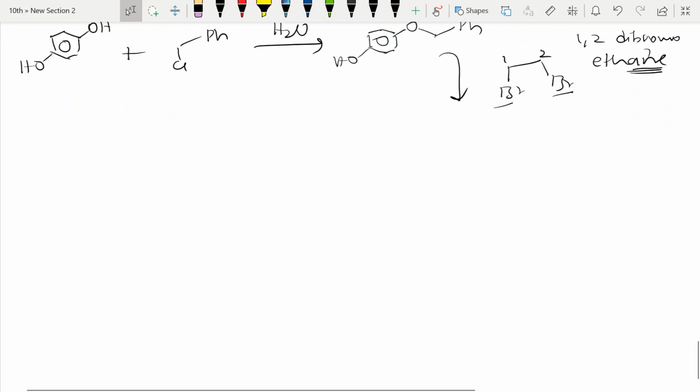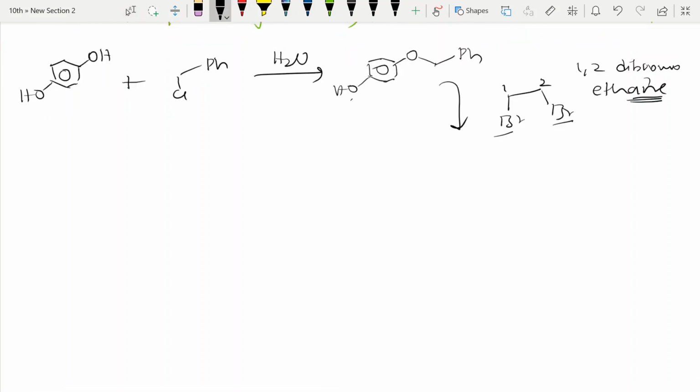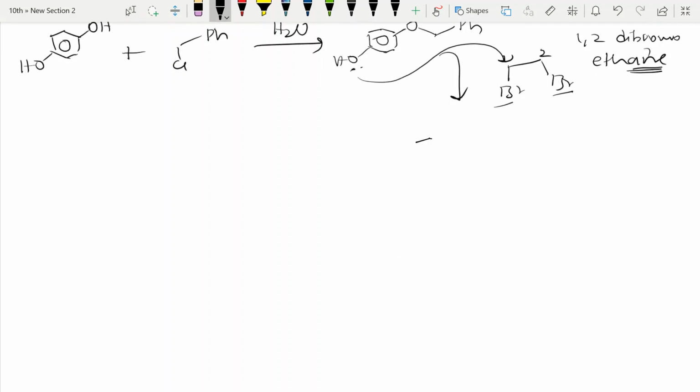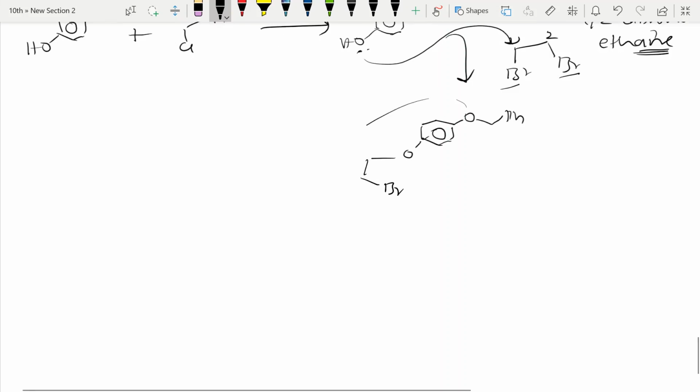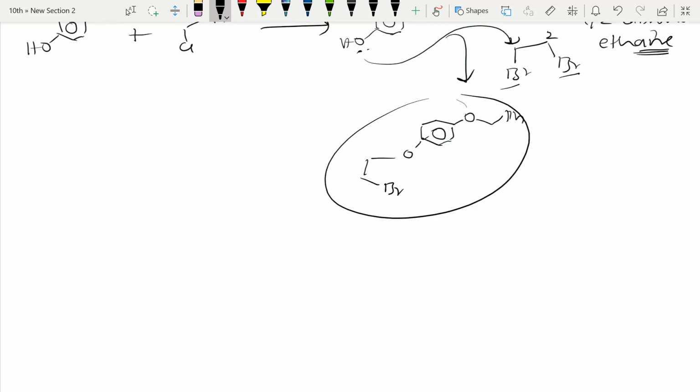So if I add this, see here, only one oxygen is left, this won't react. So what happened? SN2 reaction, simply, and I will get the target molecule. But here we call it the product. In a common reaction we call it the product, whereas in retrosynthesis we call it the target molecule, CH2 CH2 Br, right. So this is our target molecule. I hope you got it, right.